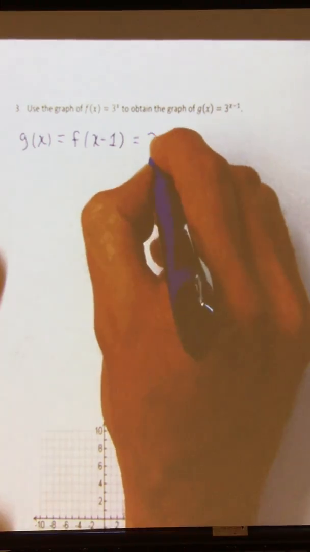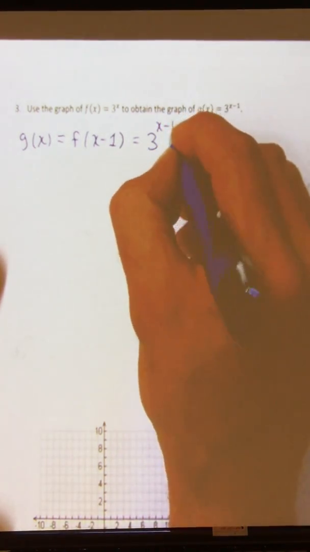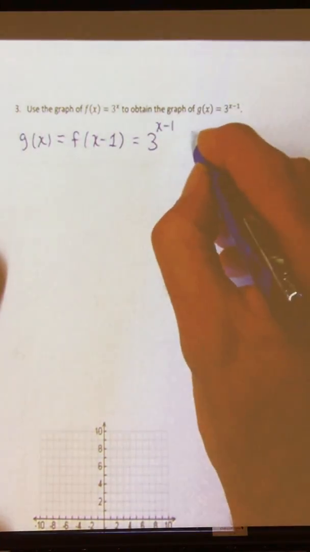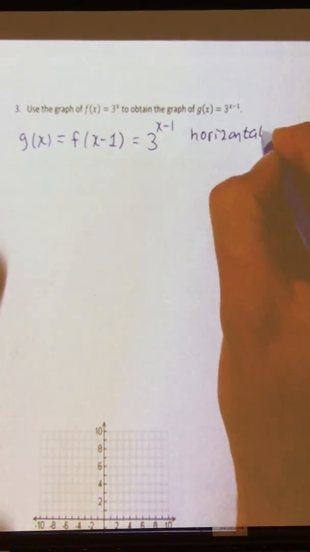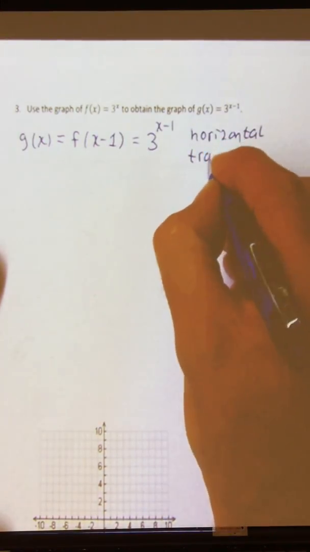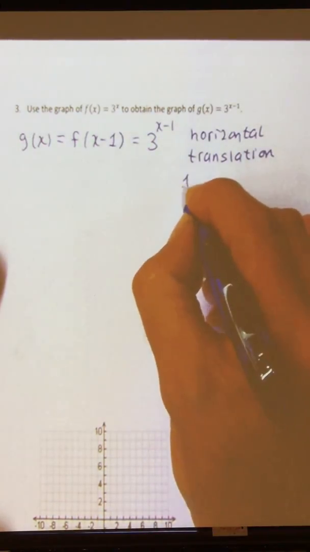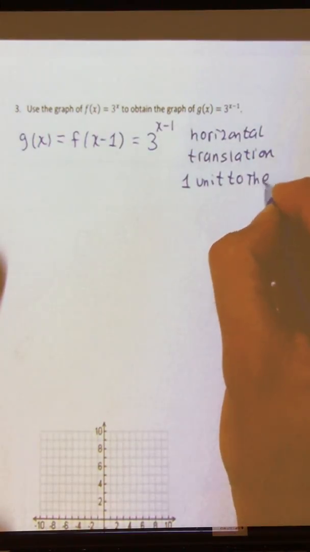And that would give us 3 raised to the power not x, but replacing x by x minus 1. And that's what the function g of x is. This is a horizontal translation, and that'll be 1 unit to the right.